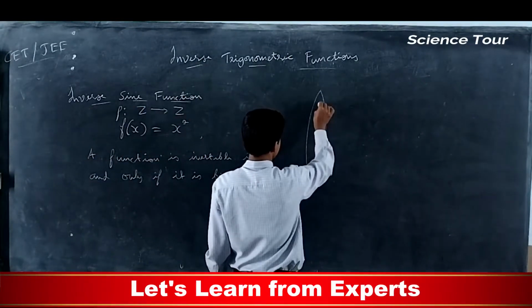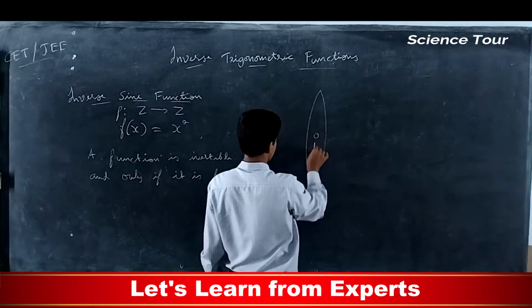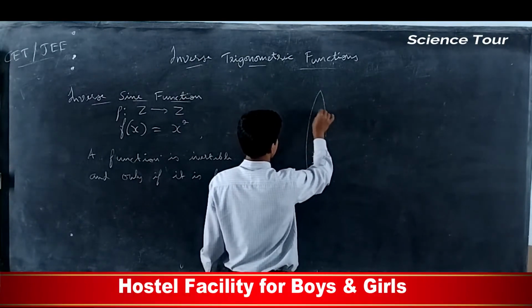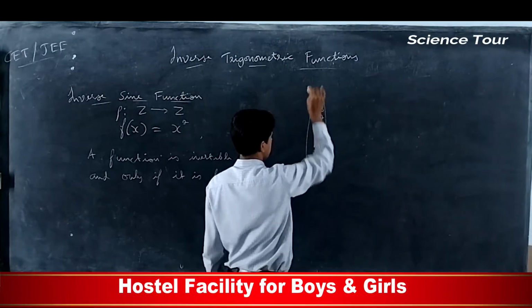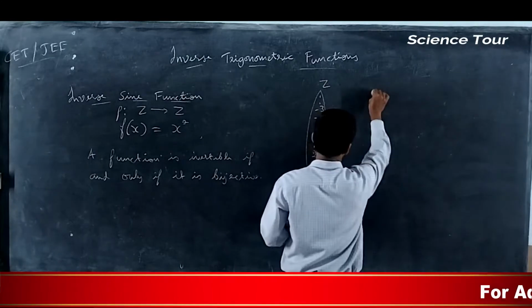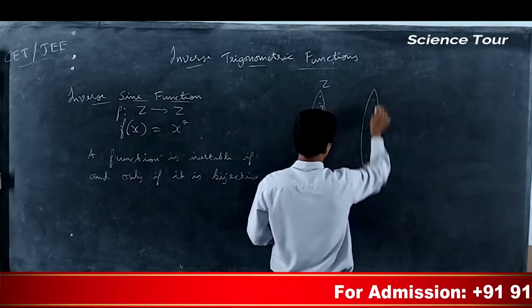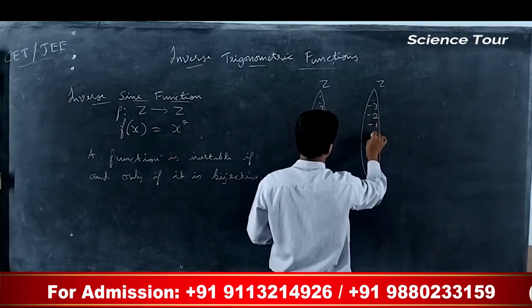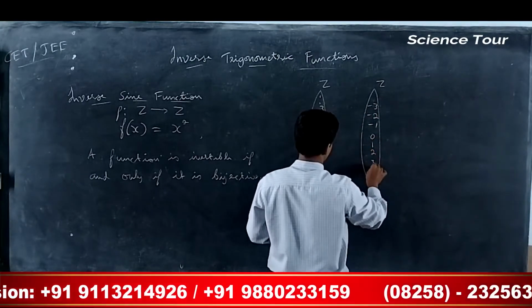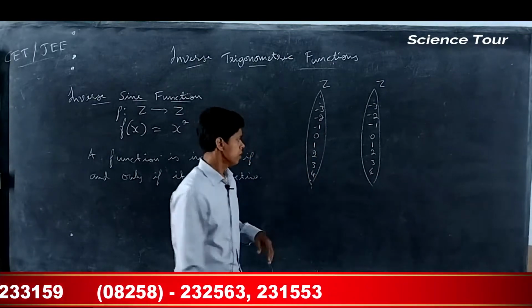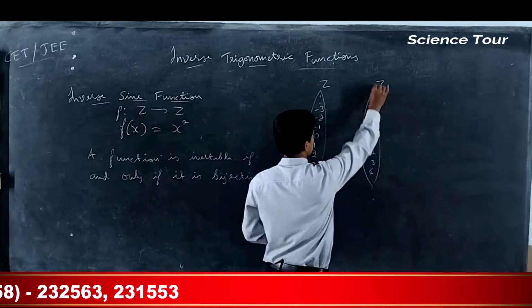I'll just take some numbers. You have 0, 1, 2 and so on, and minus 1, minus 2, 3. So it is Z, and then again you have Z here also, infinite.